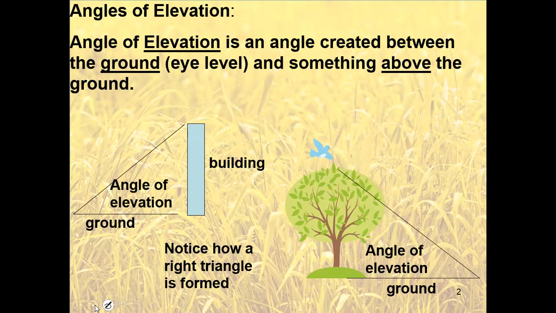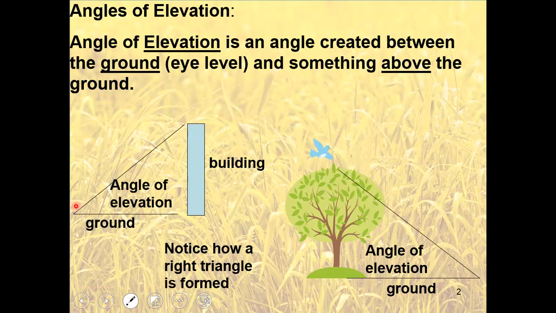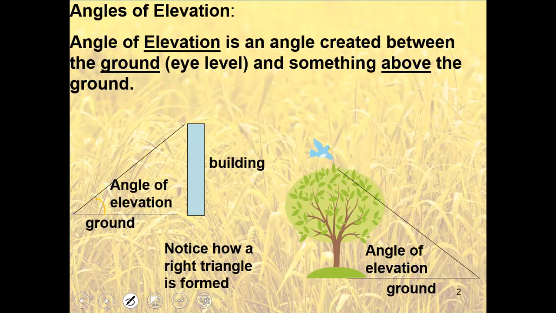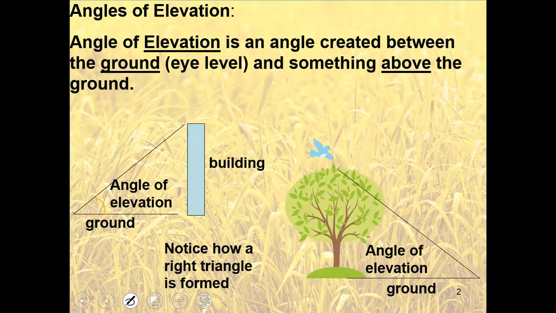An angle of elevation is used when we're talking about spotting from the ground to something above you. This angle right here is called the angle of elevation.